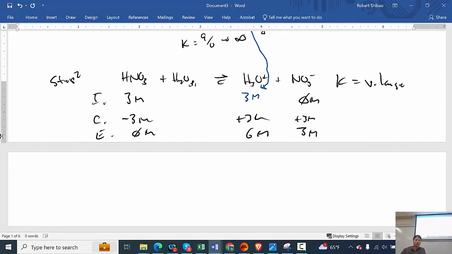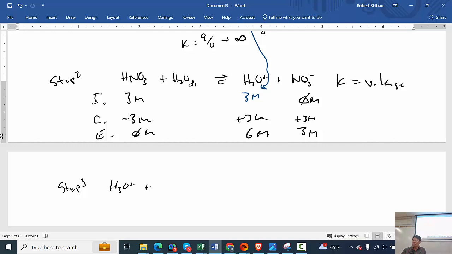Step 3, what's the next strongest acid present? Water, or actually it's also hydronium. Hydronium is also a strong acid, but if we did hydronium, this is what's going to happen.